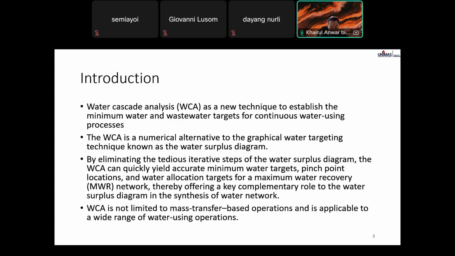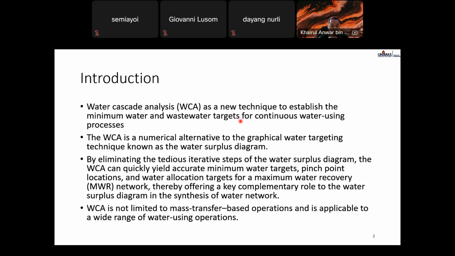So water cascade analysis is a new technique at the time, in 2004, to establish the minimum wastewater target for continuous water-using processes.